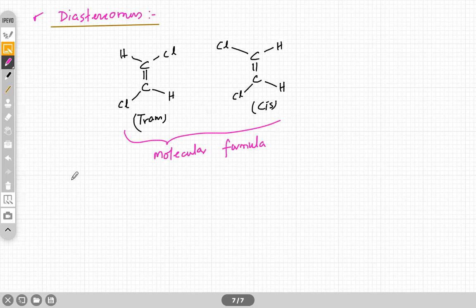So all geometrical isomers, this is very important, write down: all geometrical isomers are diastereomers of each other.